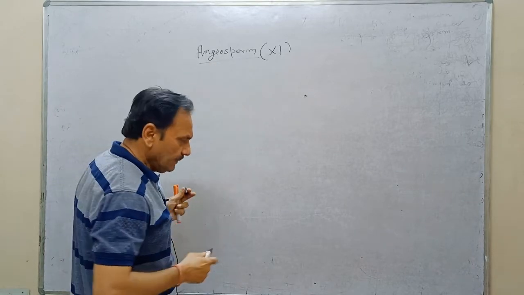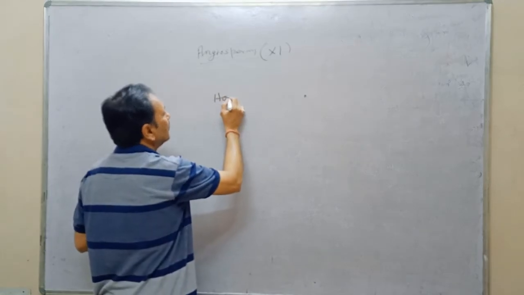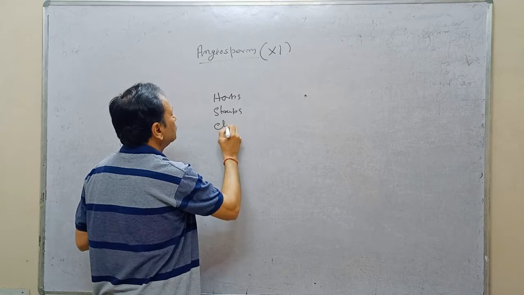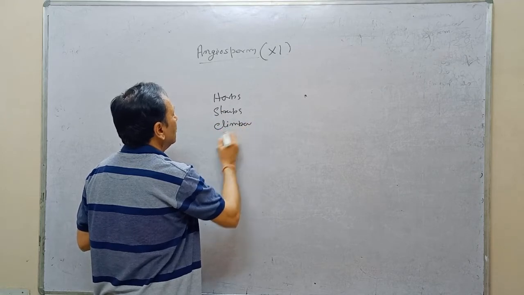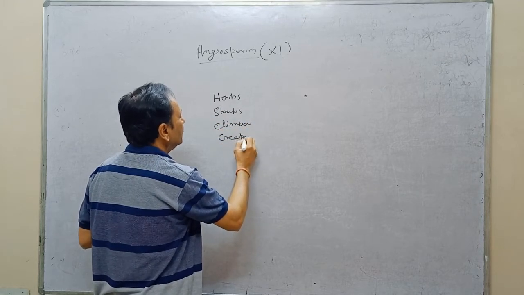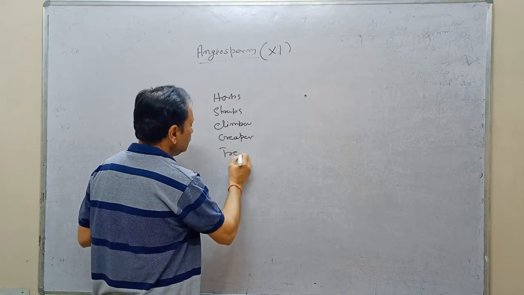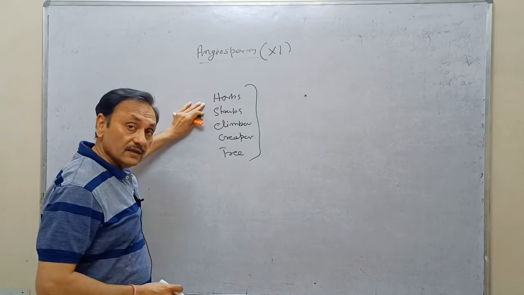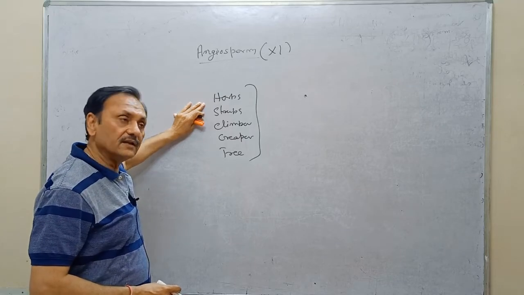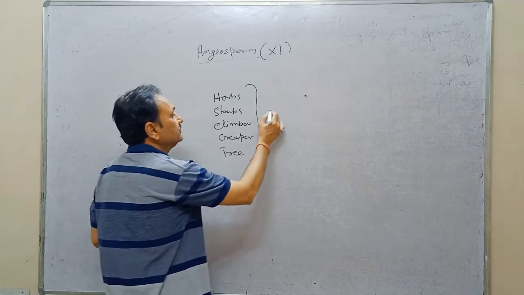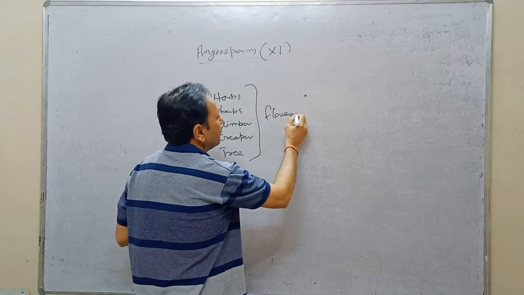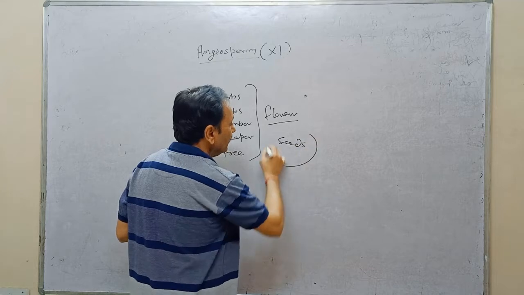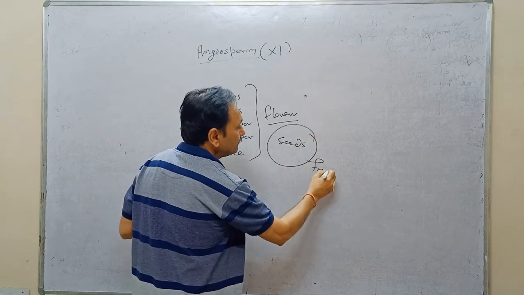Angiosperms may be herbs, shrubs, climbers, creepers or trees. But each and every one has the significance that they have flowers. Their seeds are covered by fruits.